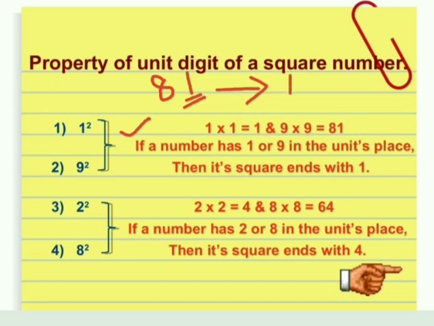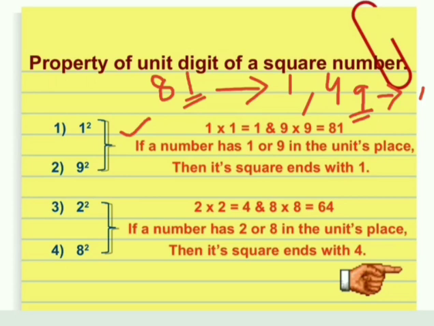And if we find out the square of 49, then again here in the unit place of the number we are having 9. So when we find out the square of 49, then in its unit place we will get the number 1.